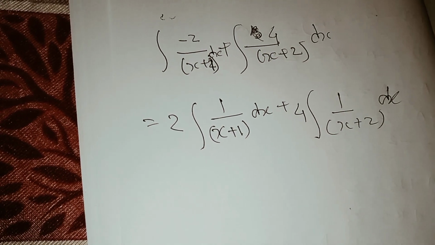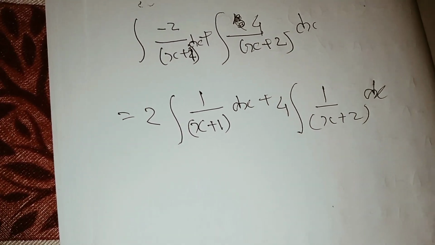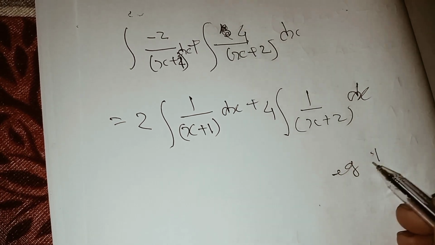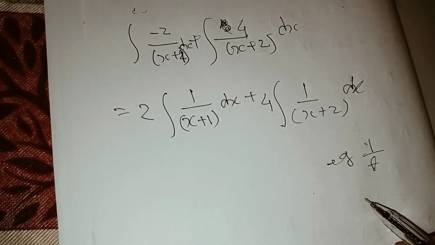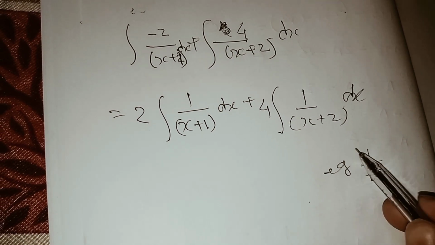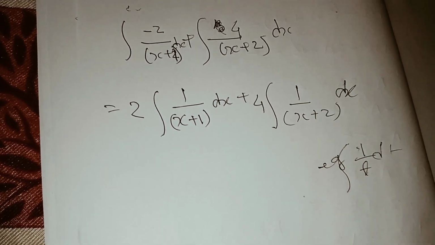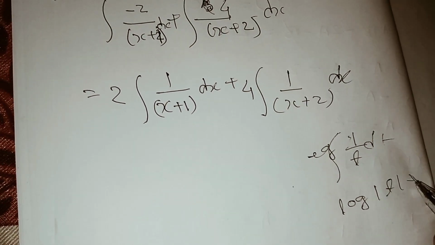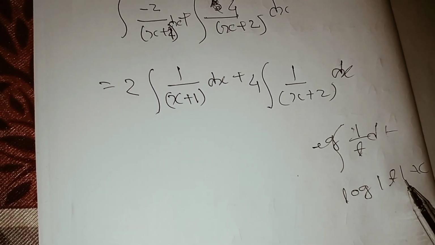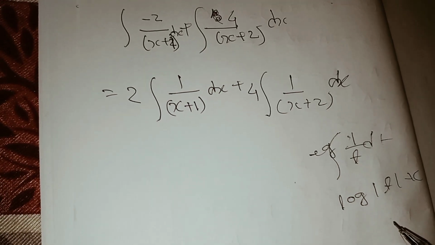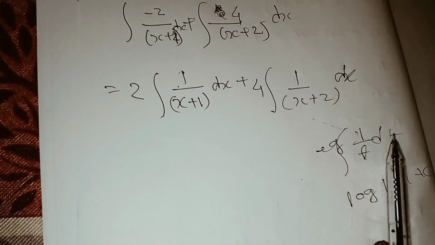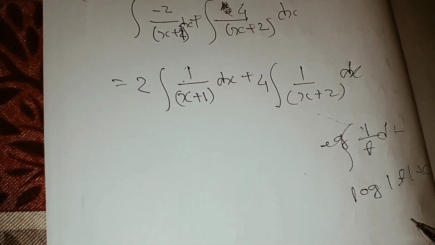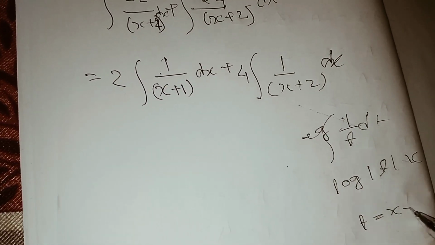Before going to the next line, we have to remember a concept with the help of an example. If you have 1 by t and you have to integrate with respect to t, then we write log of modulus t plus c. The same concept we have to apply here. You can see 1 in the numerator and x plus 1 in the denominator. Let's say the value of t is x plus 1.